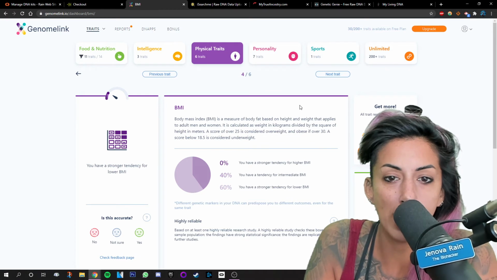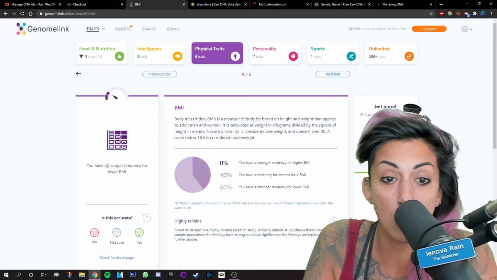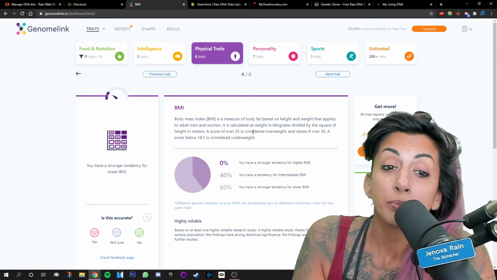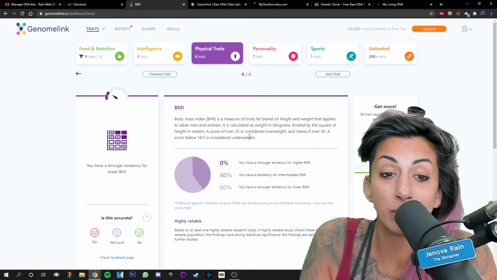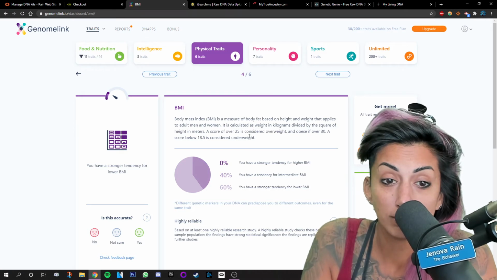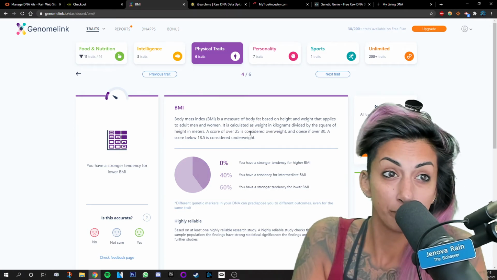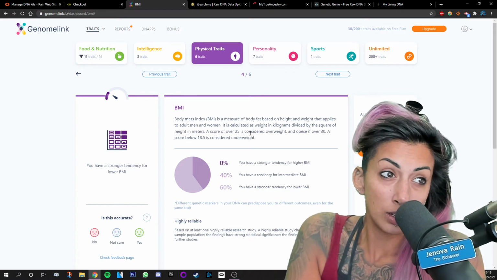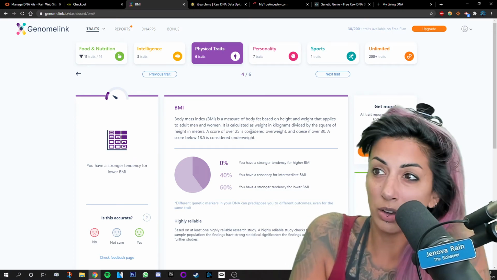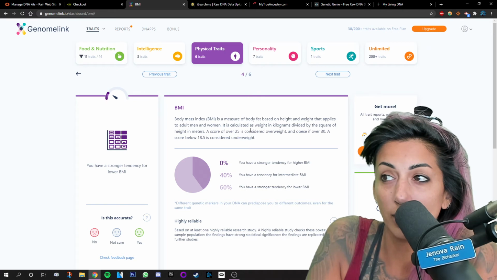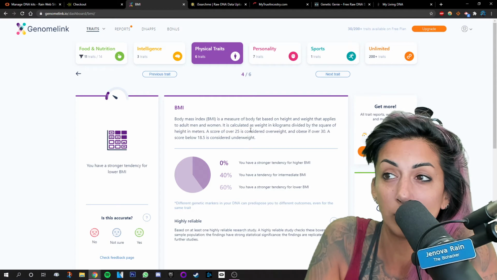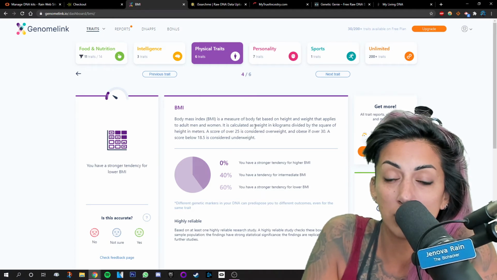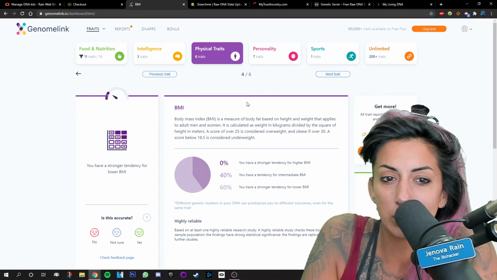Next. BMI, your body mass index. You have a stronger tendency for lower BMI. That is interesting, because mine is super low. Really low. It's fluctuated somewhere between 18 and 21, if I remember. I think right now I'm about 19, 20. For someone who's a non-athlete, it is super low.